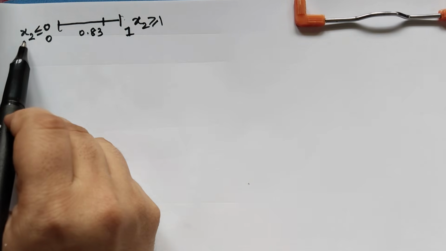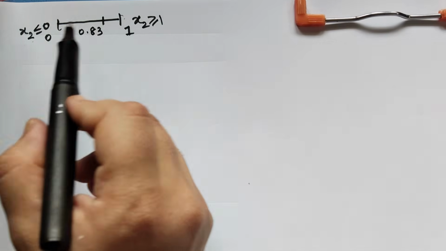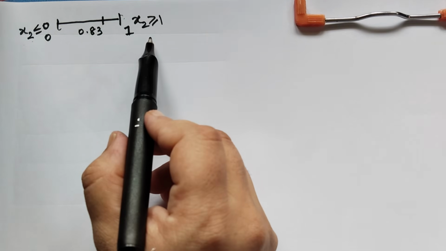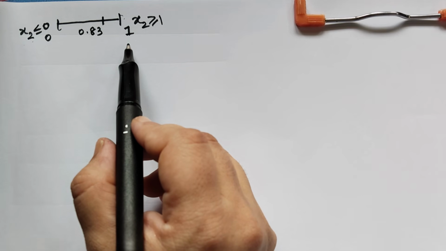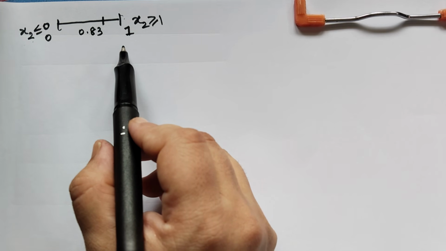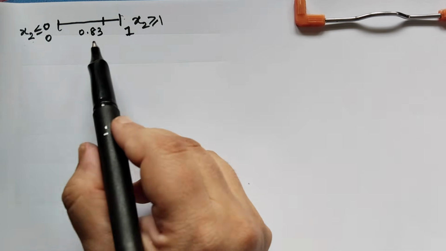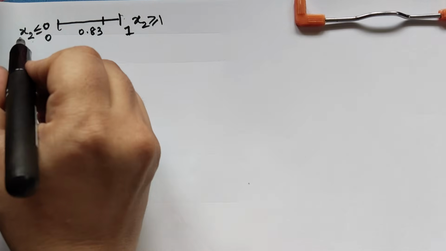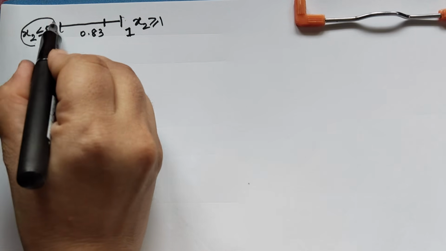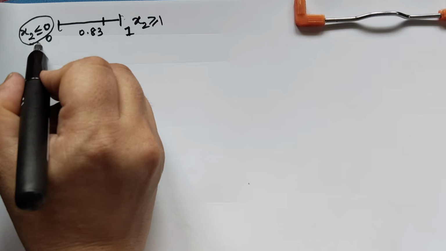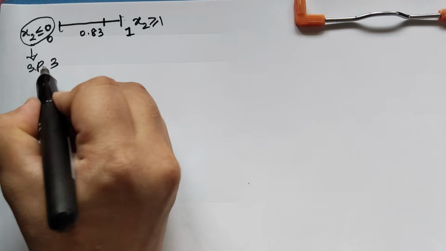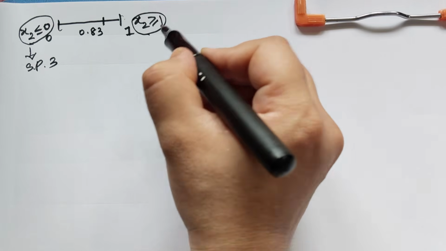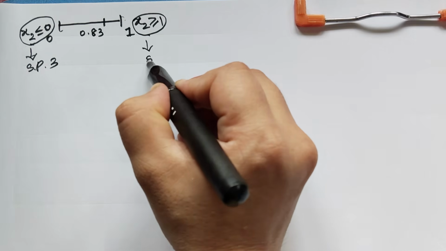So for subproblem 2, which we are branching, we will get subproblem 3 and subproblem 4. This constraint will be added to the original subproblem 2 and it will give rise to subproblem 3. And this constraint will be added to subproblem 2 and it will give rise to subproblem 4.